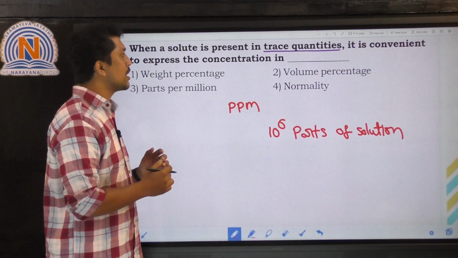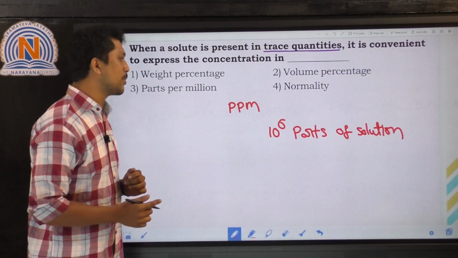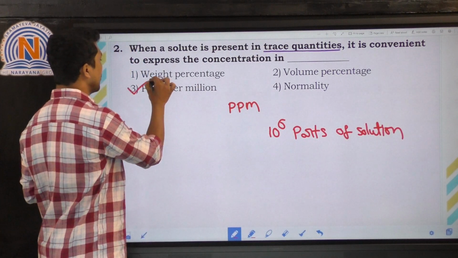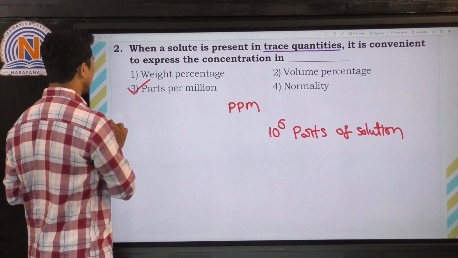That is the concentration of trace quantities, right? Here the correct option is parts per million. Let's move on to the next question.